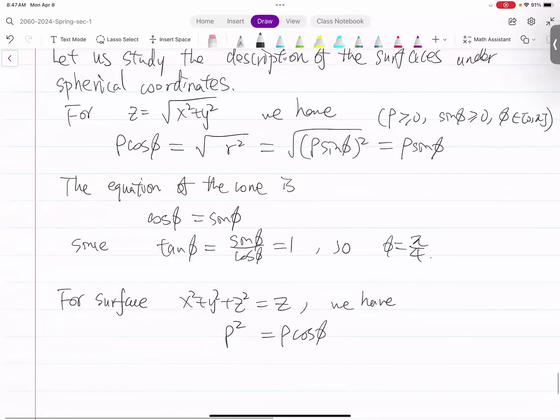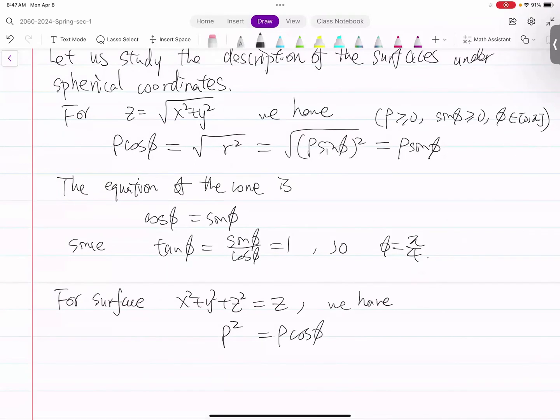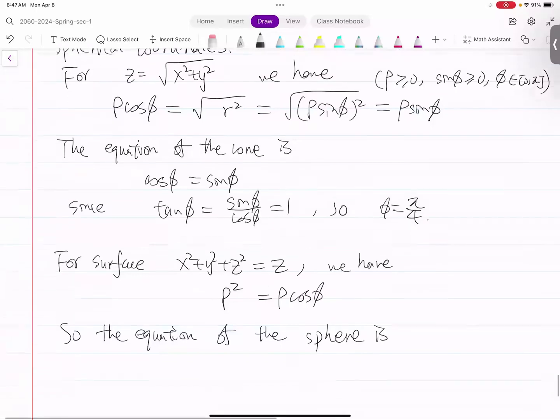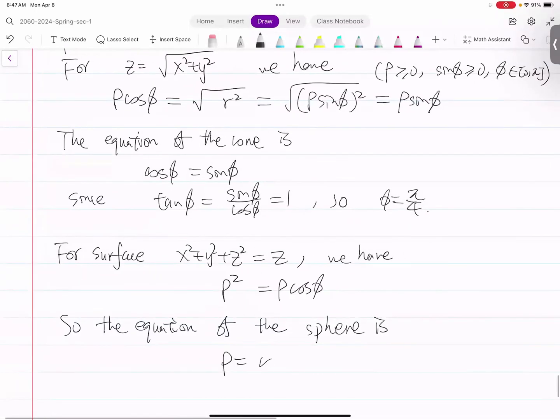If you factorize, either rho is 0 or rho is cosine phi. And rho equal to 0 is not interesting. So the equation of the sphere is rho equal to cosine phi.